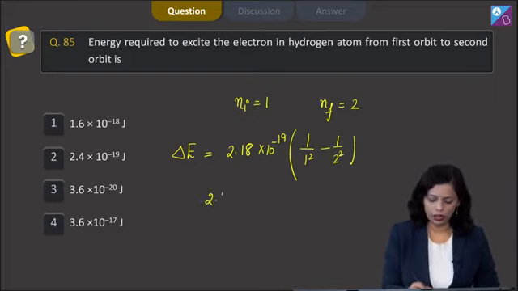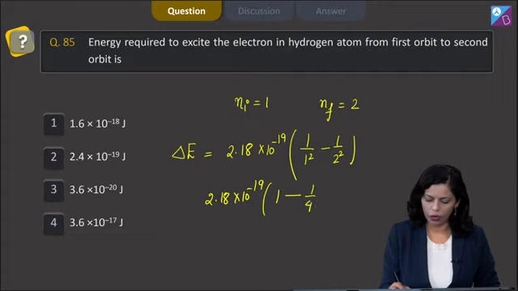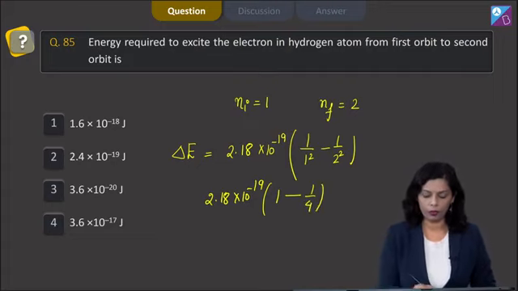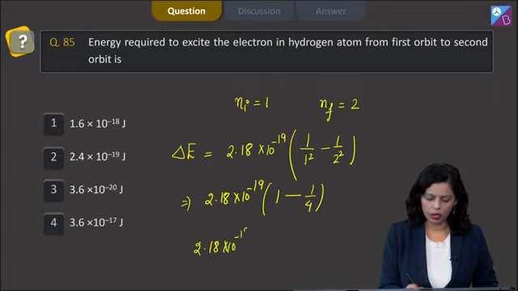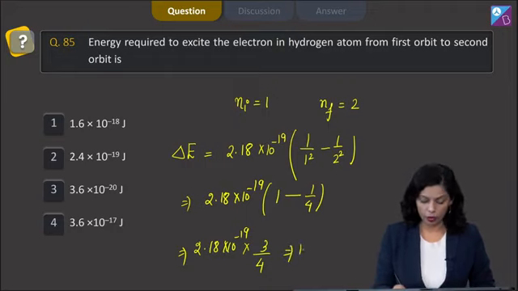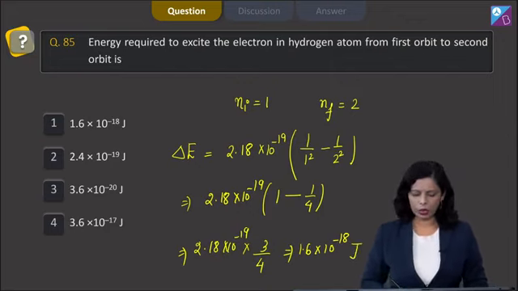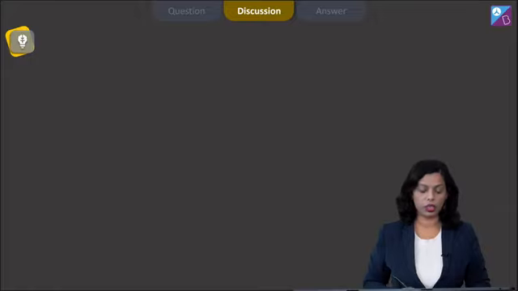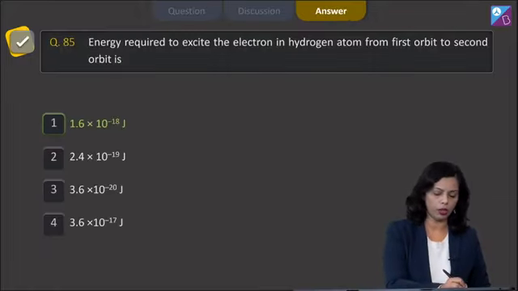To solve this, minus 19, 1 minus 1 by 4. So this 1 minus 1 by 4, 3 by 4 it would be. Solve this in your own way. 3 by 4, and finally the answer you will be getting would be 1.6 into 10 raised to the power minus 18 joule, right? So you have to just go for the final answer, which is given here in option number 1.